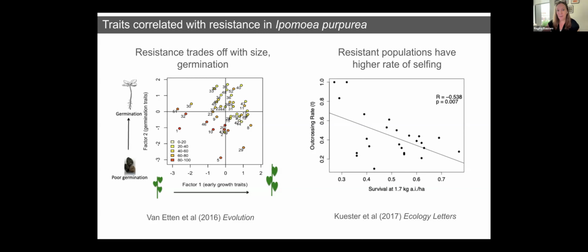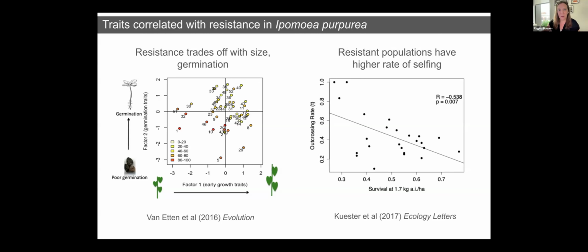It shows about 50% outcrossing. Some populations were highly outcrossing, up to 80% outcrossing. Other populations showed very low outcrossing, so highly selfing, about 20% outcrossing. And those populations that showed low outcrossing were highly herbicide resistant. So these are two examples of traits that are evolving or correlated with glyphosate resistance in the common morning glory.